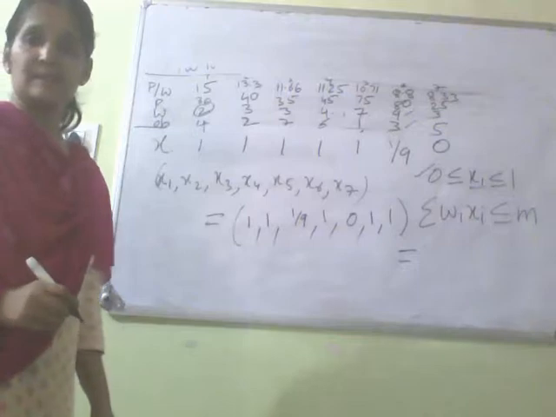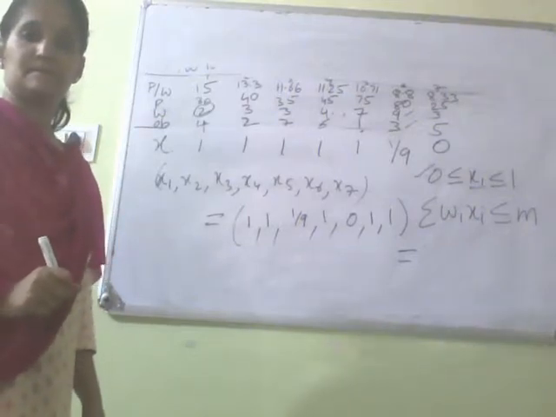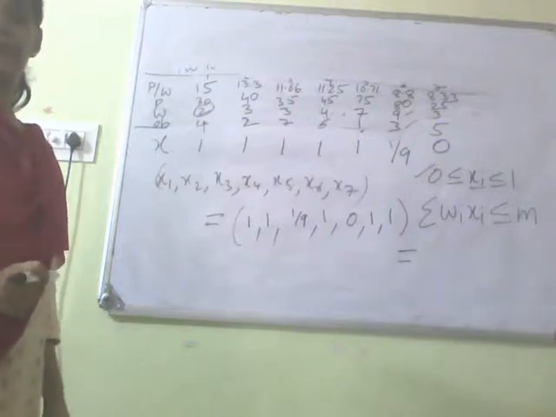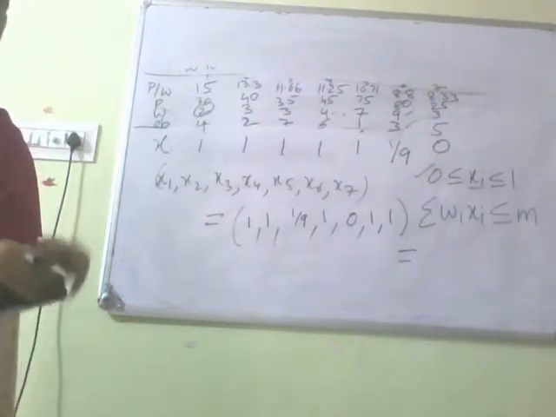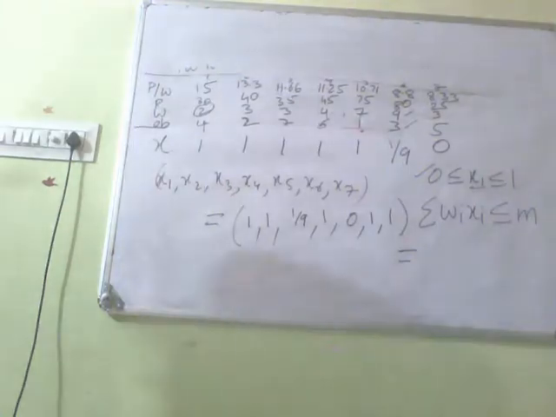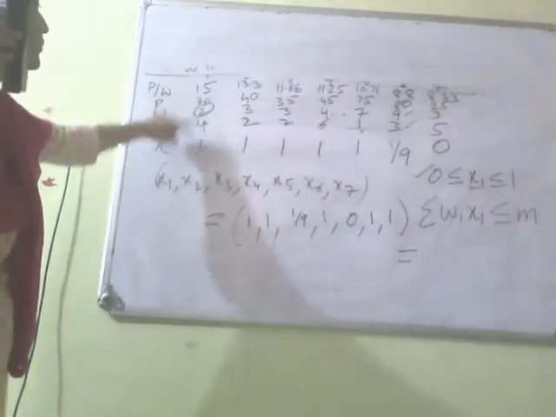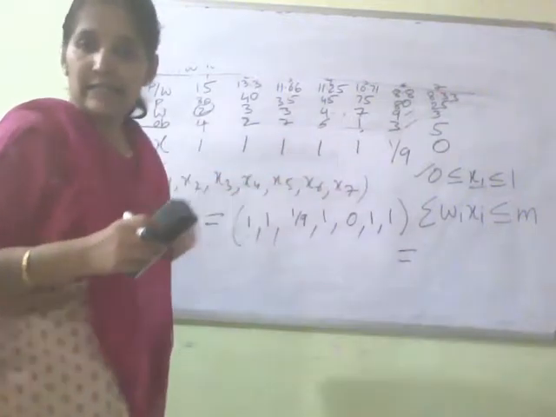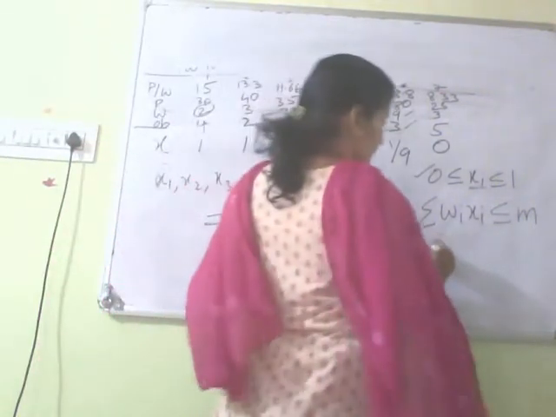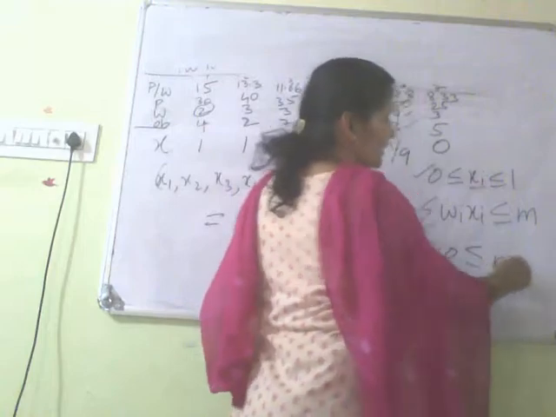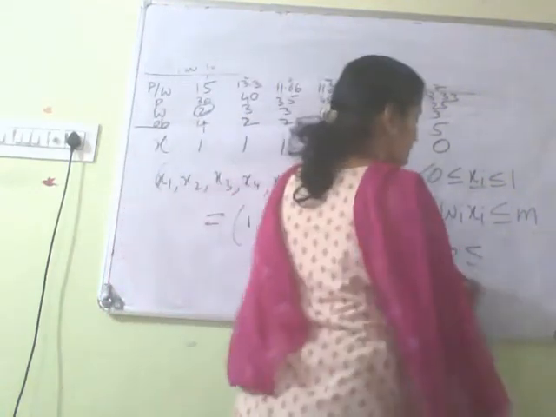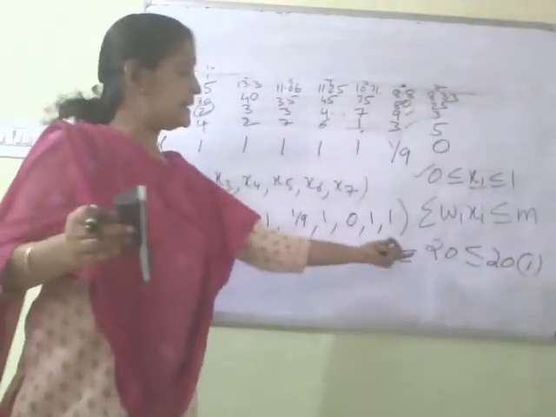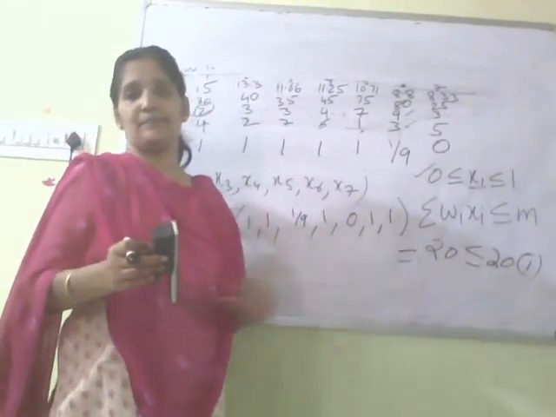What's the answer? Just multiply these two. 2 into 1 plus 3 into 1 plus 3 into 1 plus 4 into 1. Yeah, it is 20. So 20 less than or equal to 20, true. So the second constraint is also satisfied.